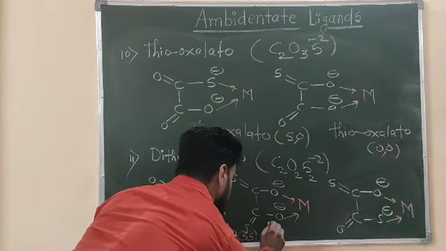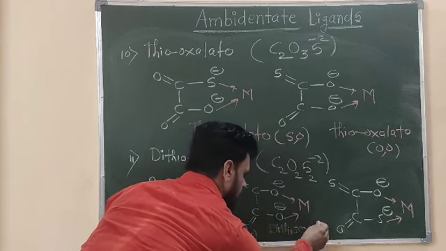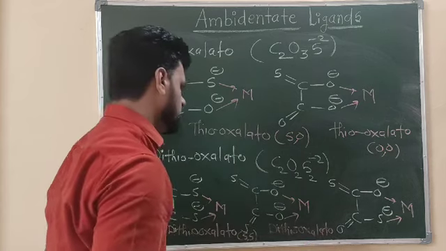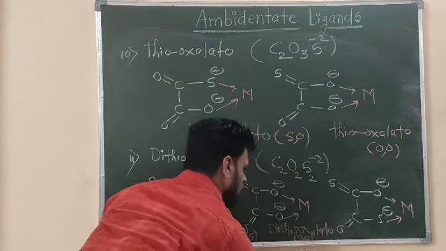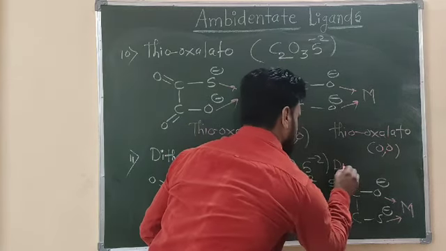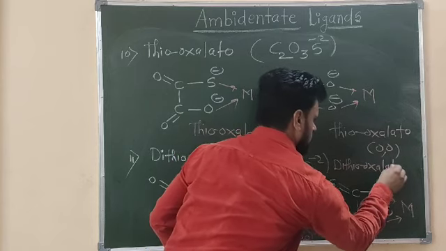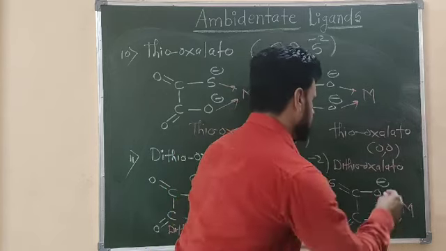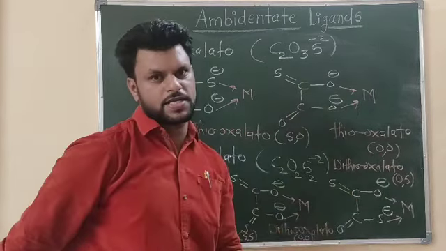The next will be dithiooxalato, and in brackets you have to mention both oxygen and oxygen. And this compound name will now be dithiooxalato, in which sulfur and oxygen are the binding sites.